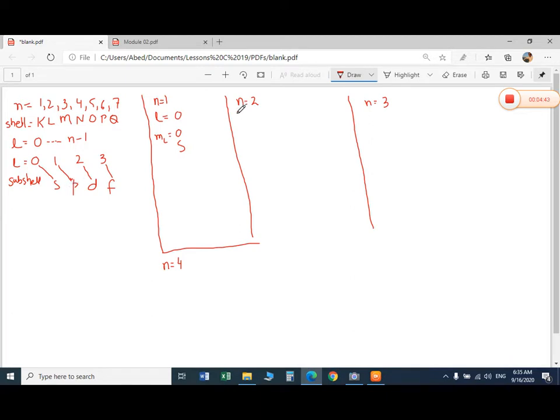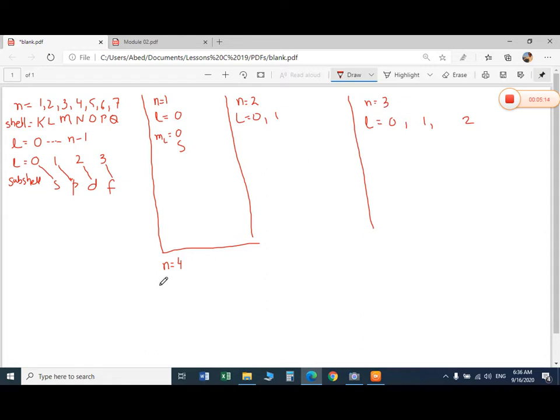Here, if n is equal to 2, L starts from 0 and finishes at 1, not 2, because we have to stop 1 before the n. For n is equal to 3, L will be equal to 0, 1 and 2, not 3, because L stops 1 before the n.